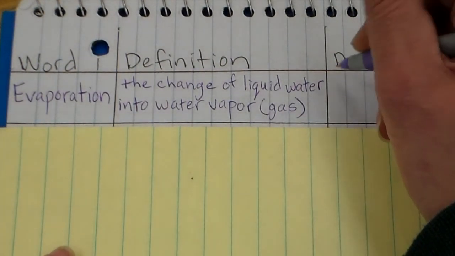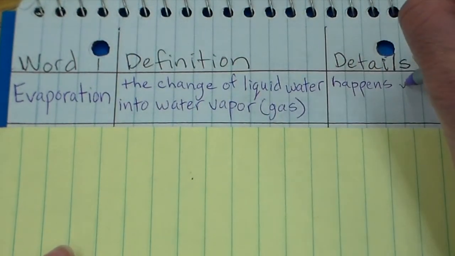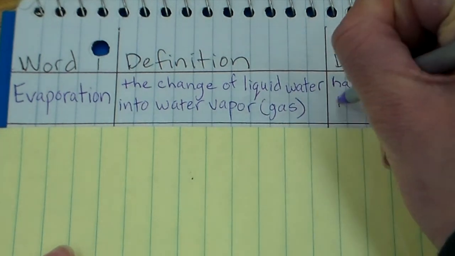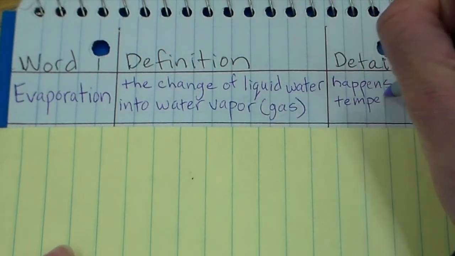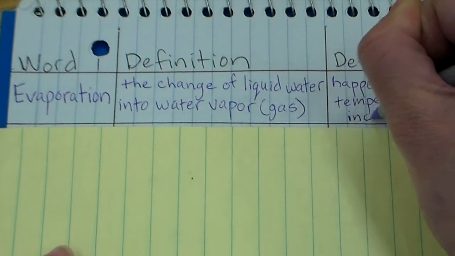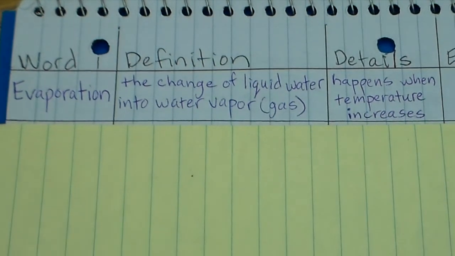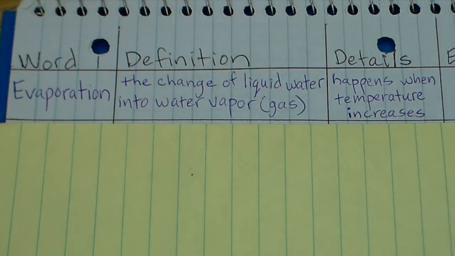So in the details, we're going to write evaporation happens when temperature increases, right? When heat is added, that's when we get evaporation.